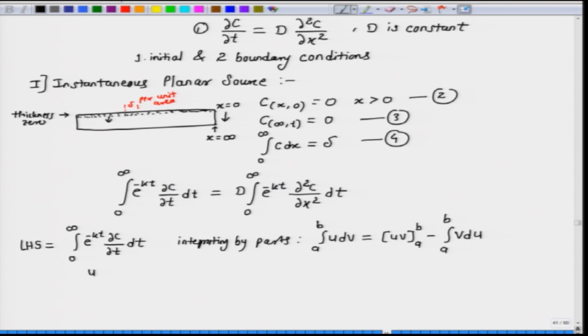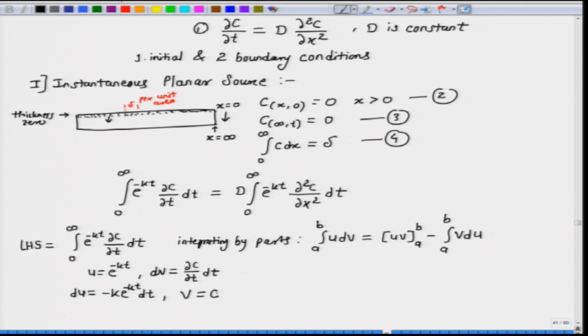So, if we write u equal to e to power minus k t and dv as dou c by dou t dt, and obviously my du is minus k e to power minus k t dt and v is dou c by dou t dt is dc.